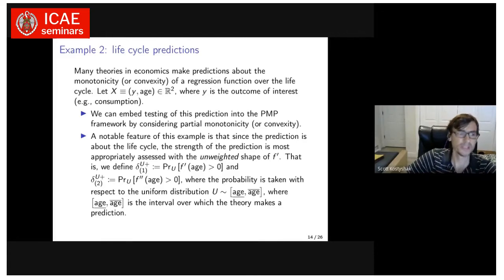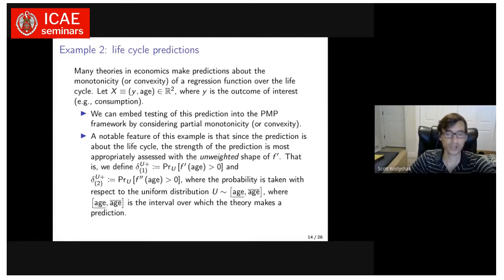For example, it could be consumption, where I saw a paper recently on consumption inequality with respect to age. It could be savings. And you often see predictions that the shape of a particular regression function over the life cycle takes a certain form. For example, monotonicity or convexity.